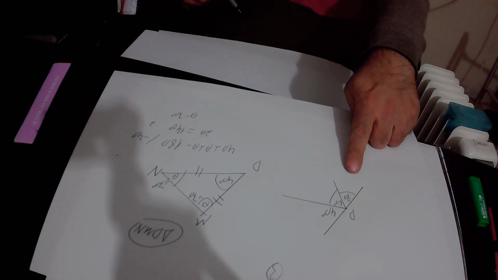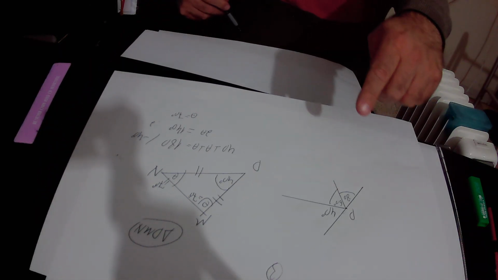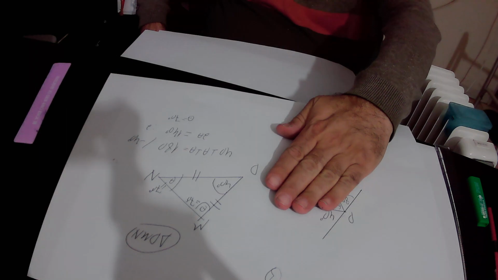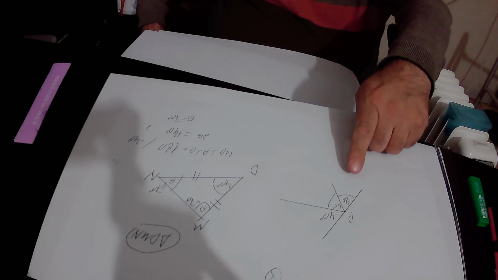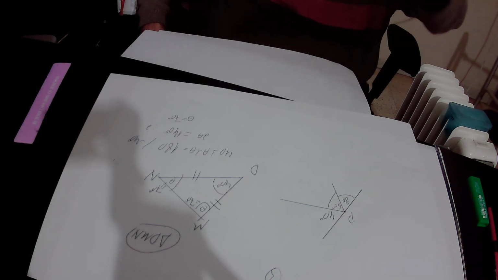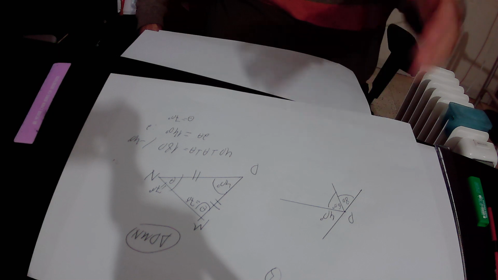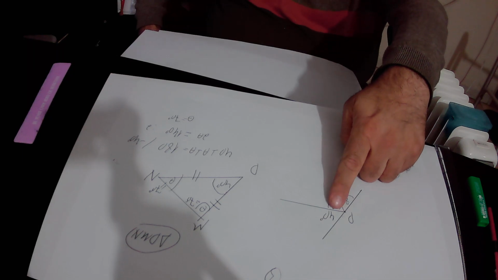The sum of the angles on this side of the straight line must be equal to 180 degrees. 80 degrees plus 60 degrees is 140 degrees, therefore the missing angle must be equal to 40 degrees.